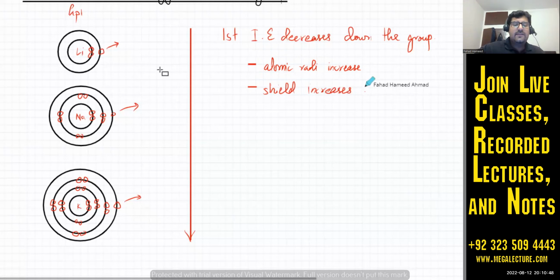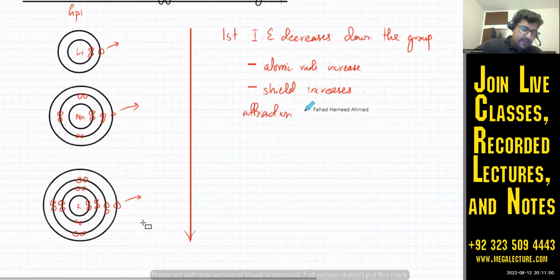So the electron is further and further away, so it's easier to remove electrons. Remember, you always have to mention this in the exam when you're writing this, because of these 2 factors: hence the attraction between valence electrons and the nucleus decreases.